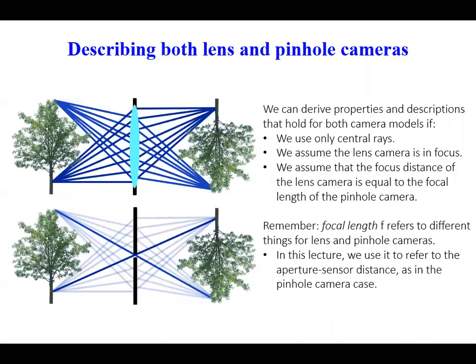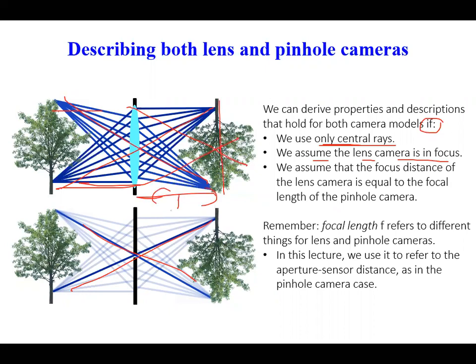So basically, we can derive properties and descriptions that hold for both cameras if we use only central rays. I can say this and this are approximately the same. We assume that the lens camera is in focus, meaning that if I have a parallel line here, it will intersect at the same focal point, yes?